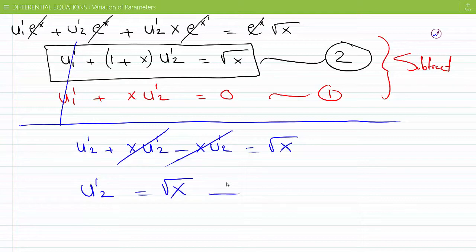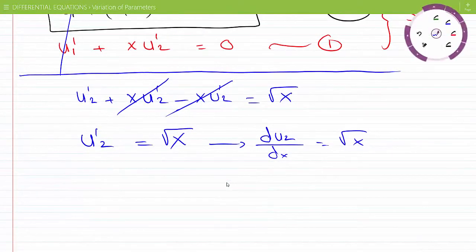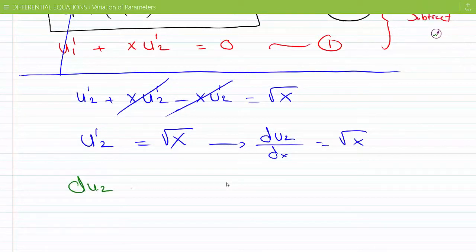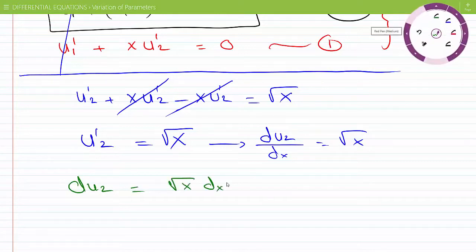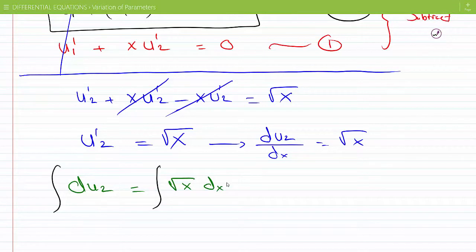So now this is the same thing as saying du2 over dx equals root x. Separate the variables, the very first section of the class where we separate the variables and integrate, no? So du2 will be root x dx, and then I can integrate both sides.